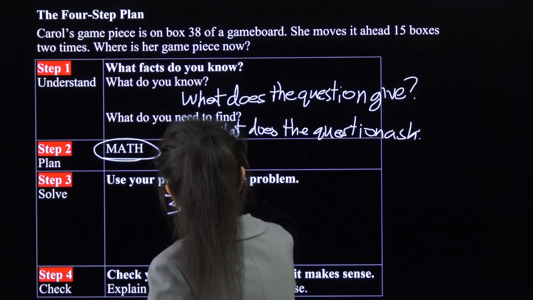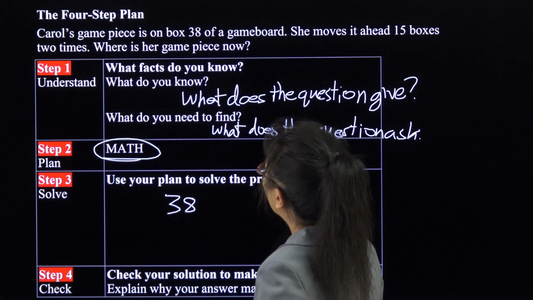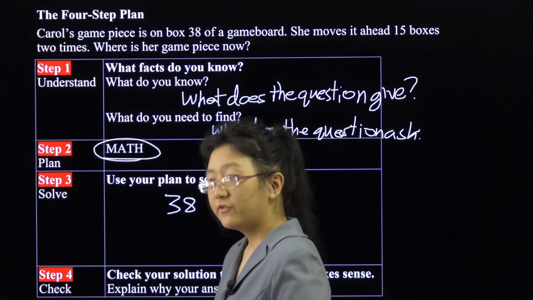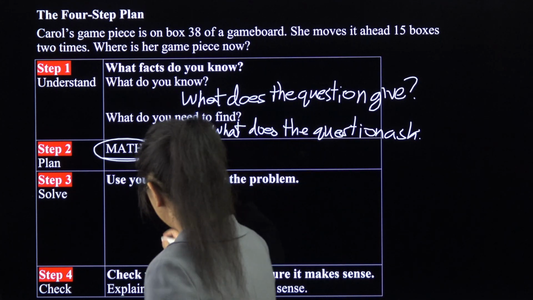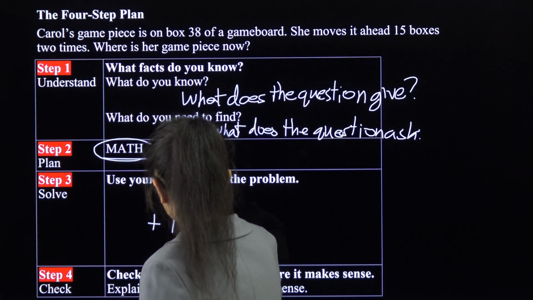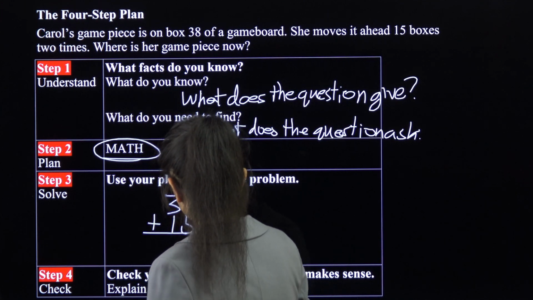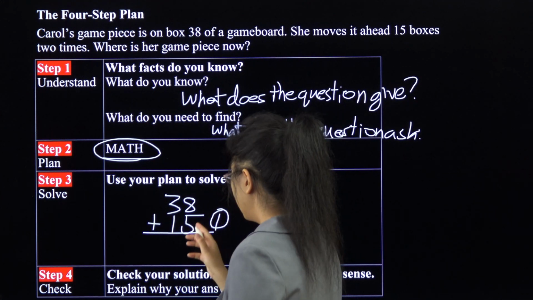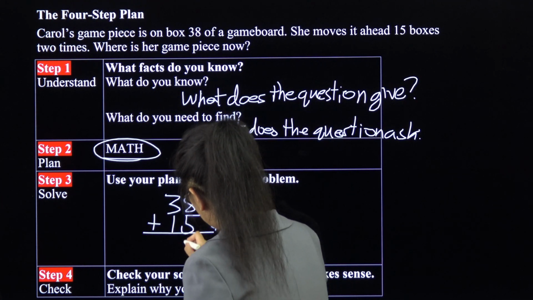Now, we have her initial position, or where she starts at, and she moves 15 boxes twice, which means that it's increased by 15 twice. Now, this is once. 5 plus 8 is 13.